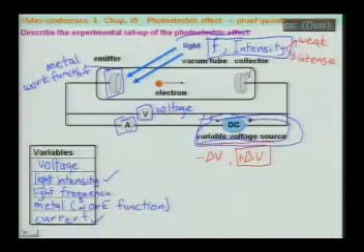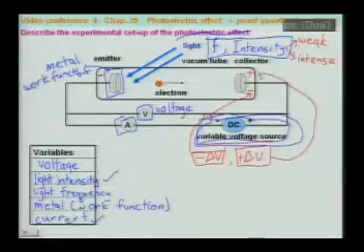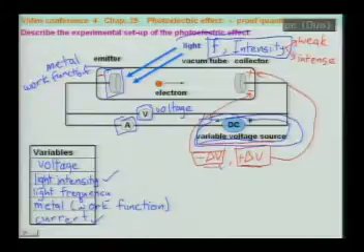So this one should be positive, and this one negative. Yeah? Okay. Because there's a difference whenever the voltage across the circuit is positive or negative, we'll see later.